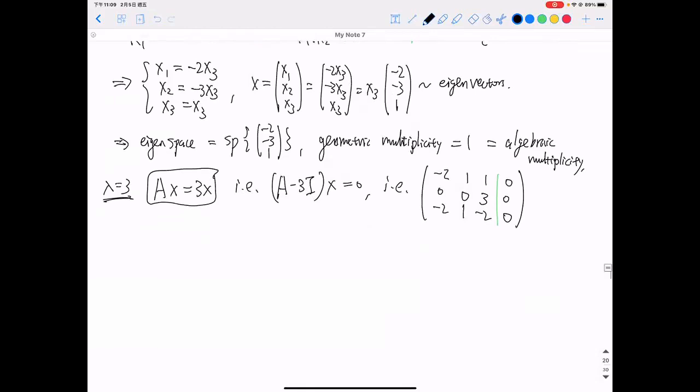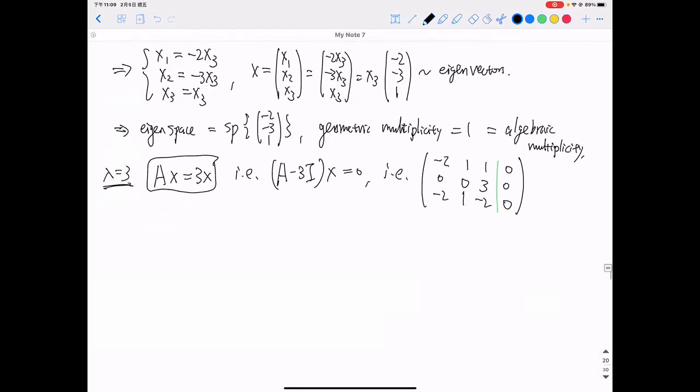We should proceed to do one thing. Well, in fact, we don't really need to do a lot, right? Without doing any row operations, we already see that the second equation tells us x3 is 0. The first equation is saying minus x1 plus x2 plus x3 is 0.